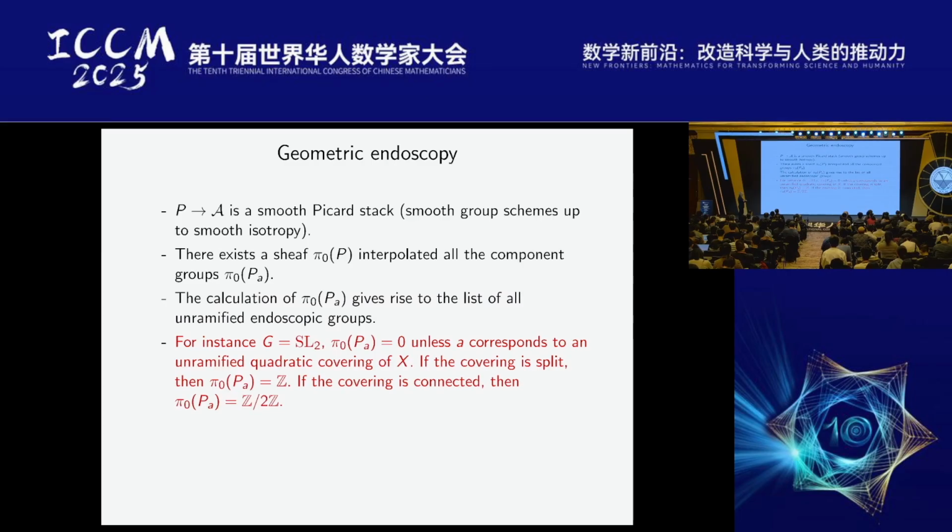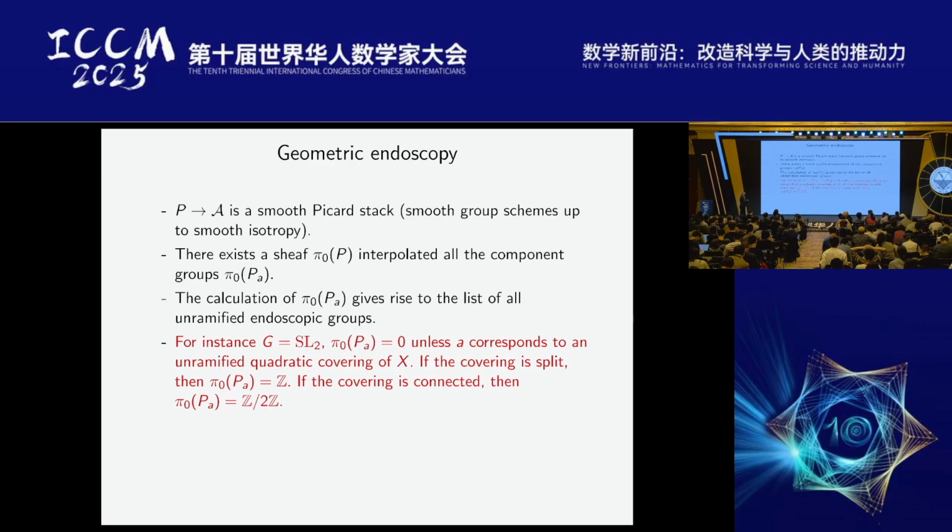For example, in the case of SL_2, it's very simple and remarkable. Your Higgs bundle is just a degree 2 vector bundle with trivial determinant, and theta is a Higgs field with traceless endomorphisms, and A is just the determinant of that Higgs field, which gives you some spectral covers.